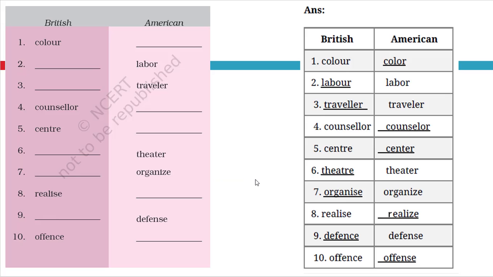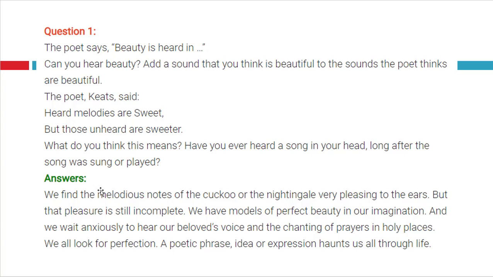So let me show how we can write. We find the melodious note of the cuckoo or the nightingale very pleasing to the ears, but that pleasure is still incomplete. We have a model of perfect beauty in our imagination, and we wait anxiously to hear our beloved's voice and the chanting of prayers in a holy place. We all look for perfection; a poetic phrase, idea, or expression haunts us all through life. Right?